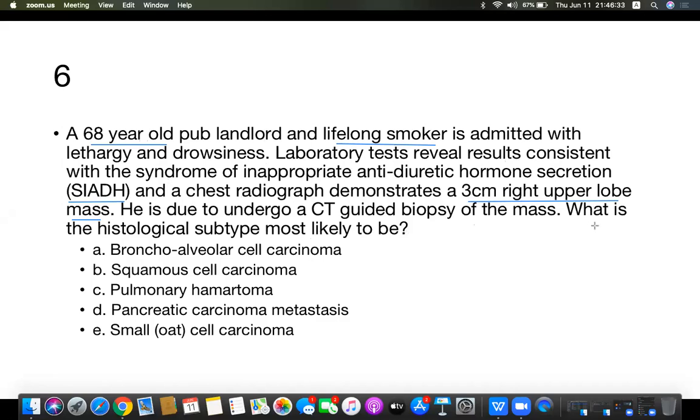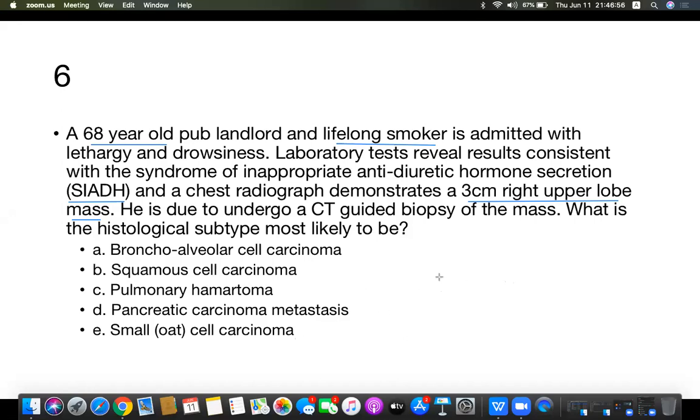Now, if you are clever enough, look at the options here. Most of the options are malignancy, except hamartoma. This hamartoma is not a malignancy. This is malformed tissue. But most of the others are malignancy. So this has to be one of the malignancy. This is the way we narrow our differential diagnosis.